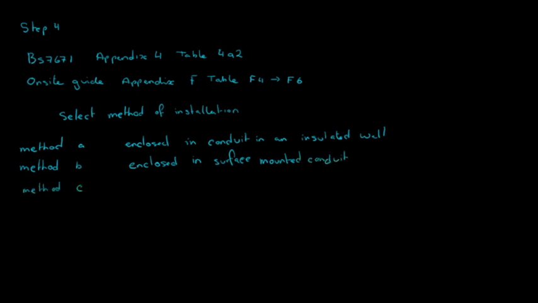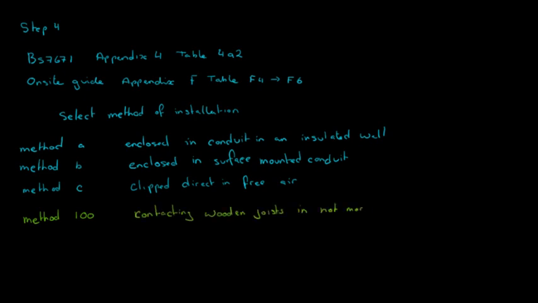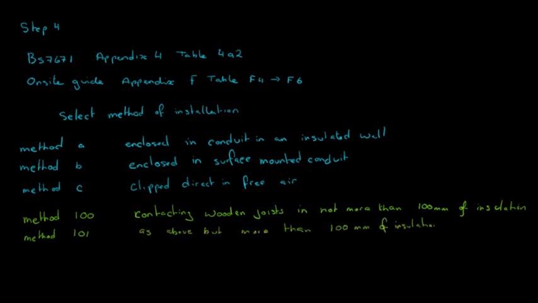Method C, clipped direct in free air, so clipped to a wooden beam or to a ceiling joist, etc. Method 100, your cable is contacting wooden joists in the ceiling and not more than 100 millimeters of insulation. Method 101 is the same, but you've got more than 100 millimeters of insulation above it.